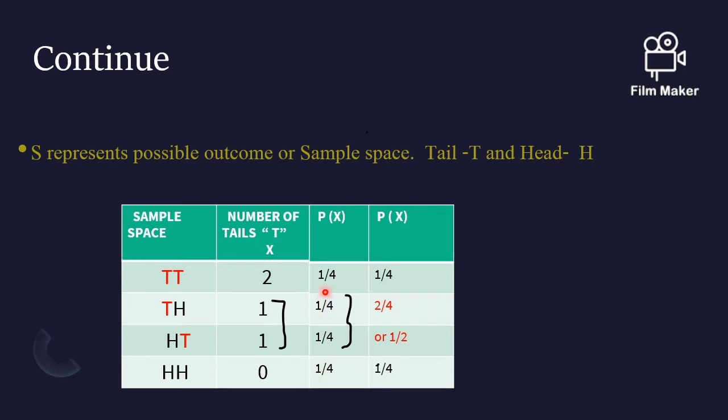So we will add the 1s: 1/4 plus 1/4 is 2/4. The lowest term of 2/4 is 1/2. And then you will write again 1/4 here, and for the 0, 1/4 here.